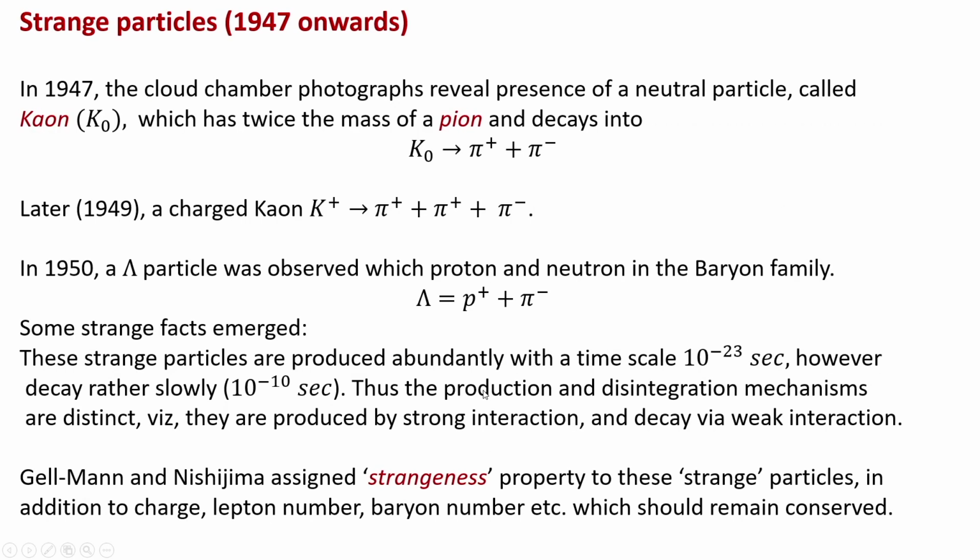Then there are strange particles that were discovered from 1947 onwards. By that time most of these things were understood, and people thought that the search for elementary particles was over, but it was far from over. They discovered the kaon, and this K0 is a neutral particle which has a mass twice that of a pion, and the K0 actually disintegrates into pi plus and pi minus.